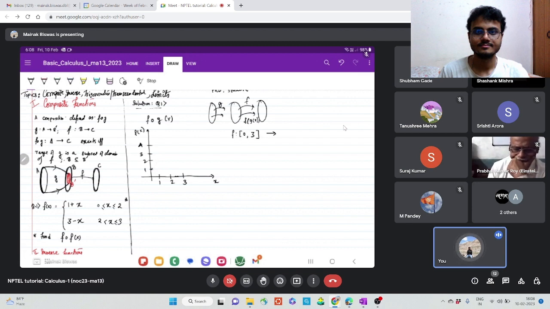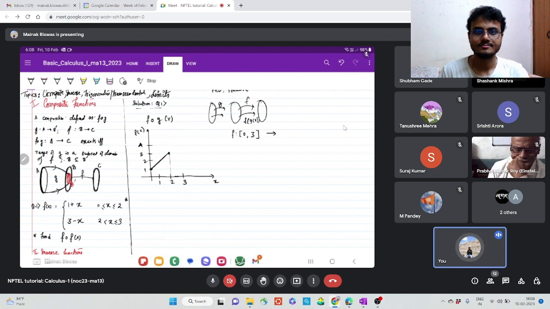It's y equals mx plus c. If you plot this, it's a line joining 1 and 3. Both these points are included, right? So at 0 it's 1, and at 2 it is 3.